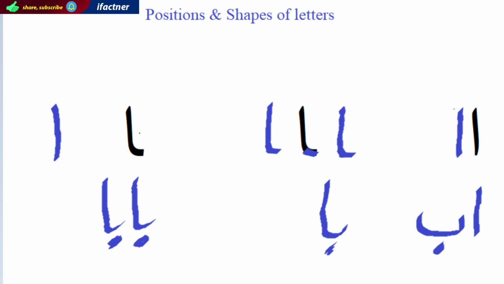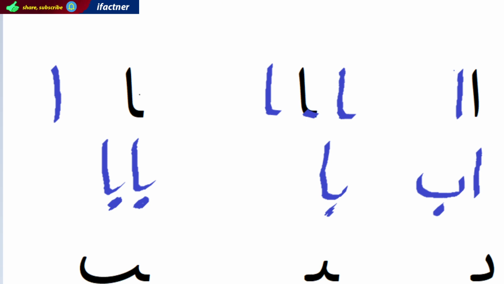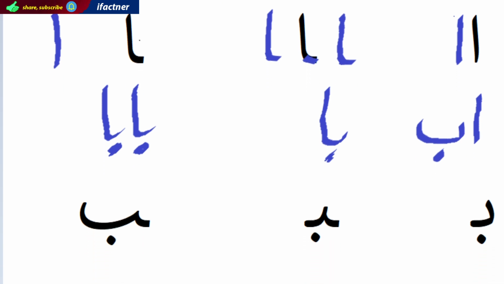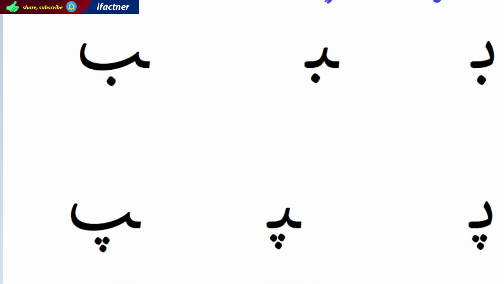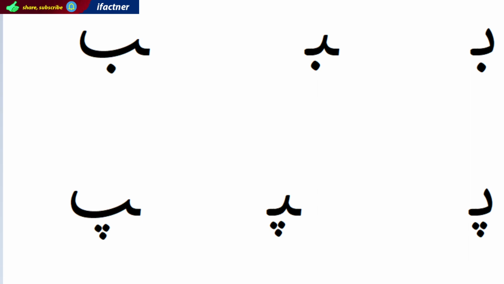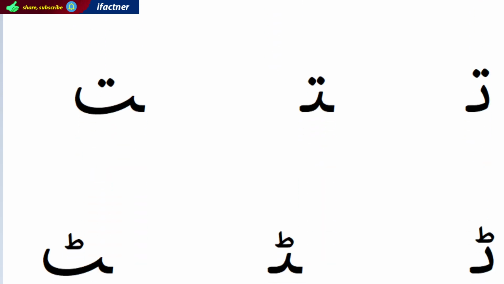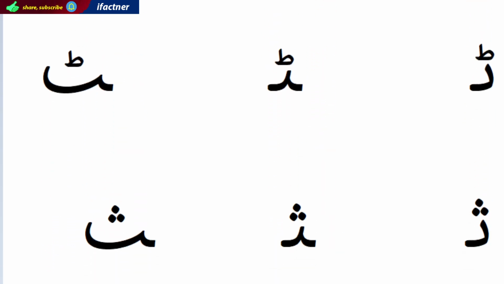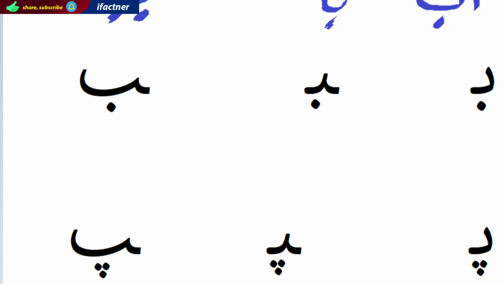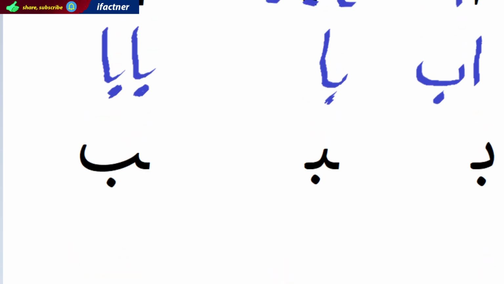Now let's move forward towards the second character of the Urdu alphabet, which is Be. An important thing to note, and it's good news, is that Be, Pe, Te, Te and Se, we write them in their initial positions, in their middle positions and in their final positions in the same way.